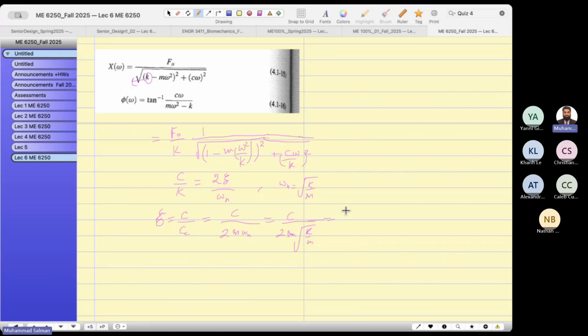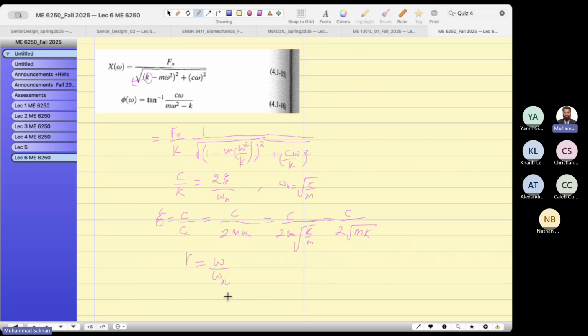So this can also be written like 2 square root k m. Let's follow the book notation, they write m first, but it doesn't matter, it's commutative, so you can write either. So with these values, and r, what is r? The forcing frequency divided by the natural frequency.